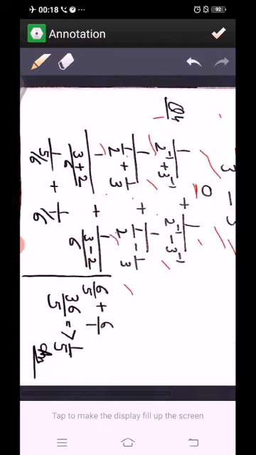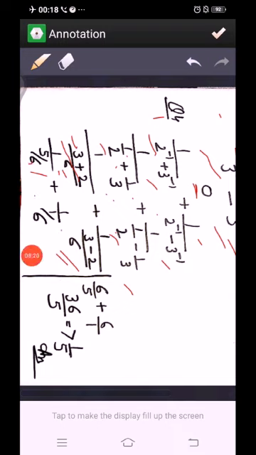Then here we take LCM downside, 1 upon, and overall LCM we get 6. 6 we have taken LCM, 2 3s are 6, and we get 3, plus 3 2s are 6, so we get here 2. Same way we get here also this side. Now 3 plus 2, that is 1 upon 5 upon 6 plus 1 upon 1 upon 6.